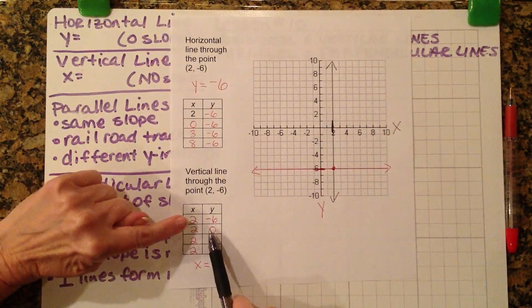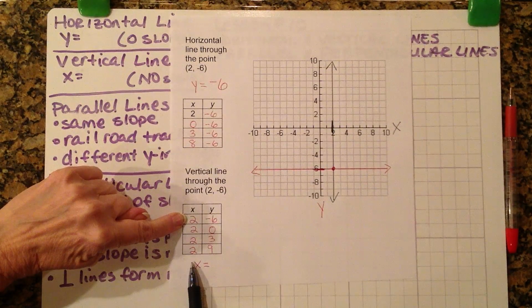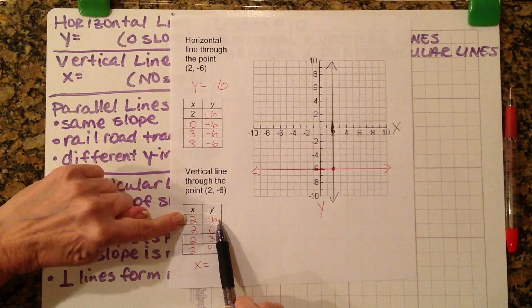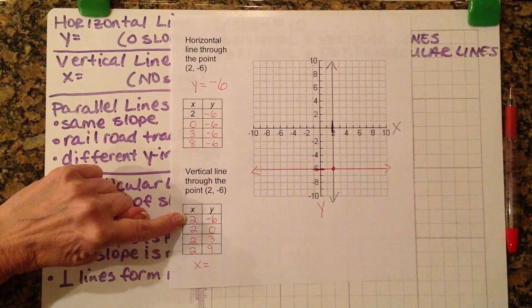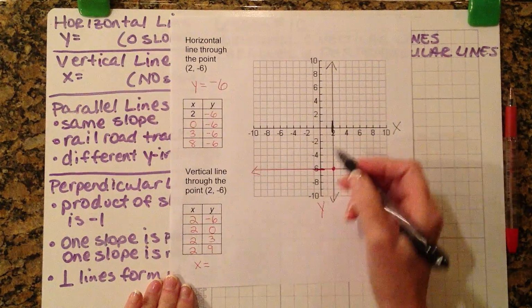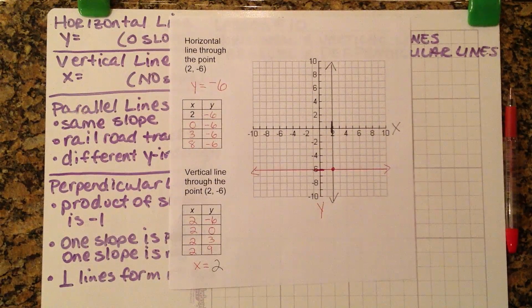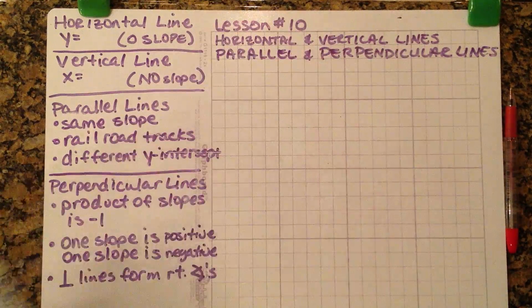Also, I did a table. Notice that all the values of x are constant. No matter what y is, x is going to be 2. So this vertical line is x equals 2. There. All right, let's go on to parallel slope.